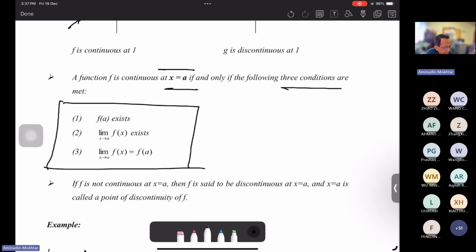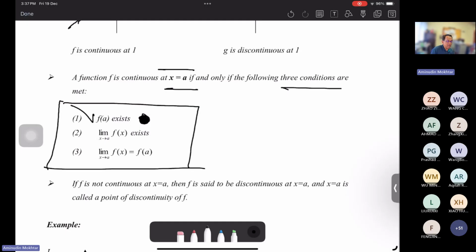Okay, the first one: f(a) exists at point a. In other words, the function is defined at point x equal a. When x equals a, we can find the value of y. In other words, we can draw the black circle.